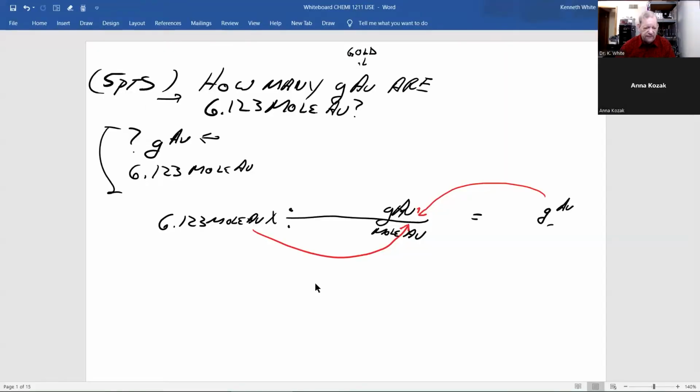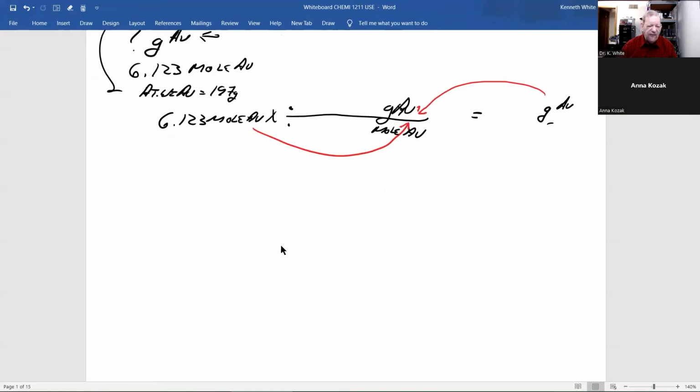So we know the atomic weight of gold equals 197 grams, because 1 mole equals the atomic weight in grams. And from important information, we know 1 mole of an element equals the atomic weight of the element.